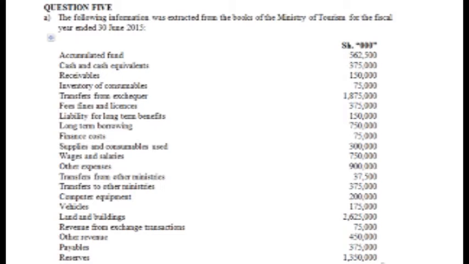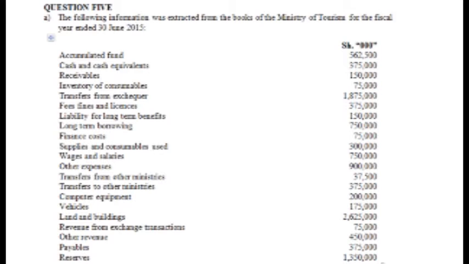Accumulated fund, that is part and parcel of the financing. Cash and cash equivalent is a current asset. Receivables is a current asset. Inventory of consumables, that's a current asset. Transfers from exchequer, that's an income. Fees, fines, and licenses. Remember, the government or the ministry will always have the main source of revenue as fees, fines, and licenses.